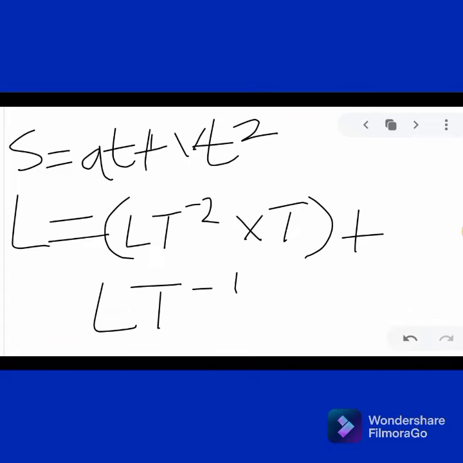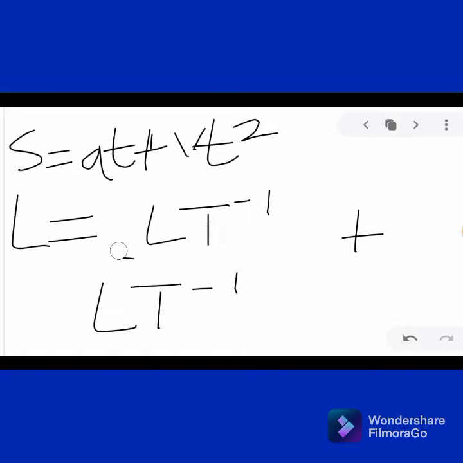So if we go back, let's now rewrite the whole thing. This L T raised to the power minus 2 is now L T raised to the power minus 1. So I told you about dimensionally correct. Dimensionally correct means that the first one has to be equal to the second one and has to be equal to the third one.